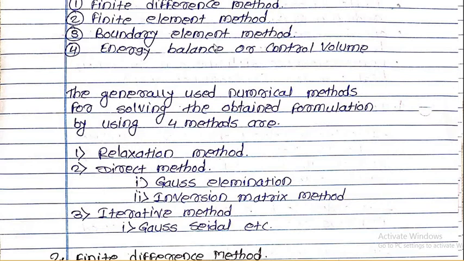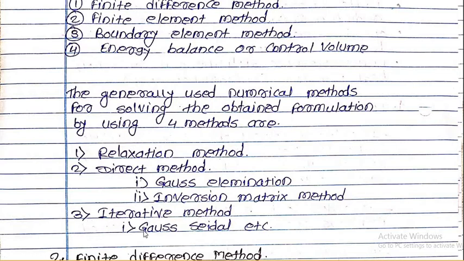So which are those numerical methods? Actually, you learn these numerical methods in mathematics. The first one is the relaxation method, the second one is the direct method. In the direct method there are two methods: first is Gauss elimination, second is the matrix inversion method, and the third is the iterative method.